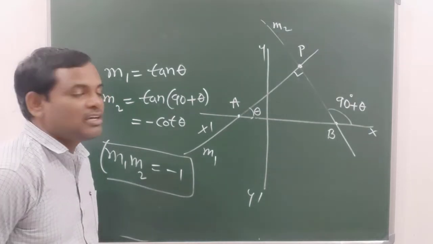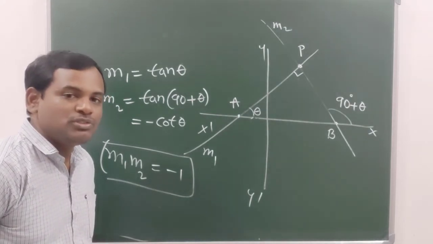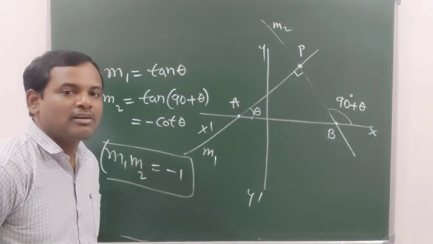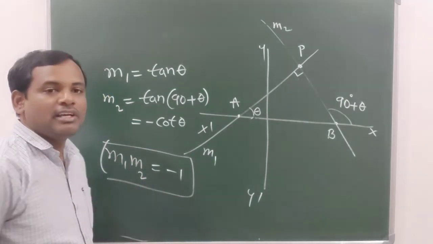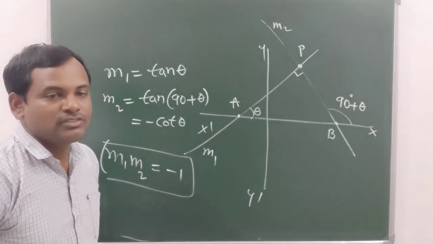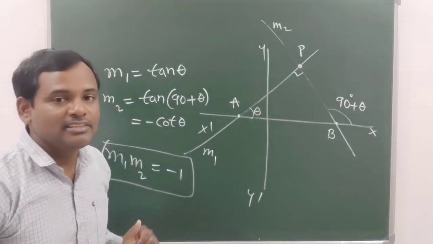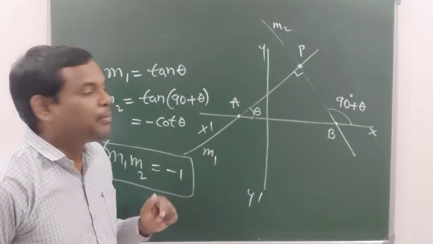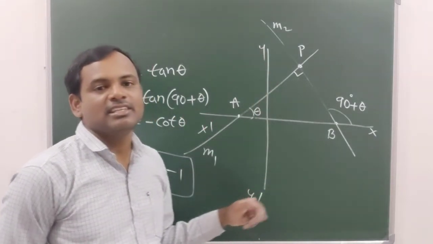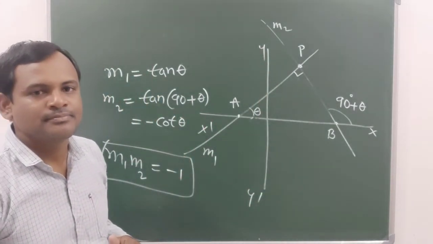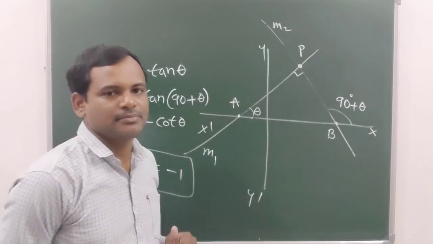Whenever the two lines are intersecting mutually perpendicular, then the product of their slopes is equal to minus 1. But observe here, the two lines must not be parallel to the x-axis and y-axis. Okay, that is the condition.